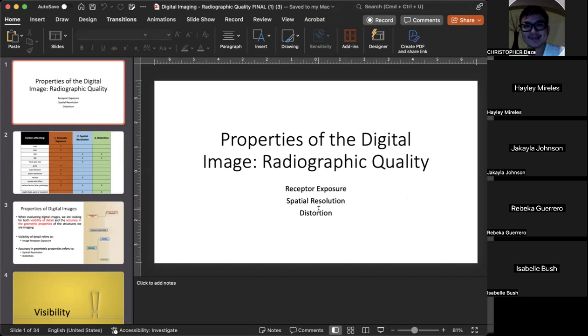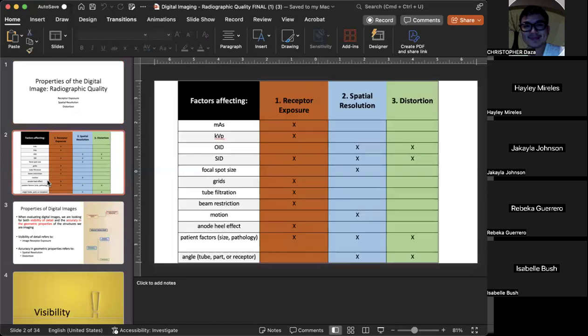These are the three factors that we have to be aware of when our images are being created. We want to optimize the images so that all of these factors are being used properly. These are the three factors that we will see: receptor exposure, spatial resolution, distortion.